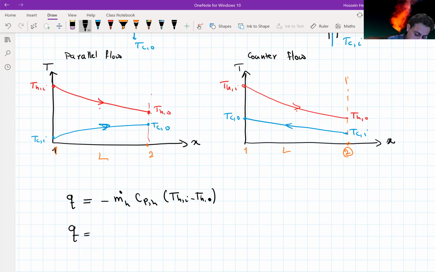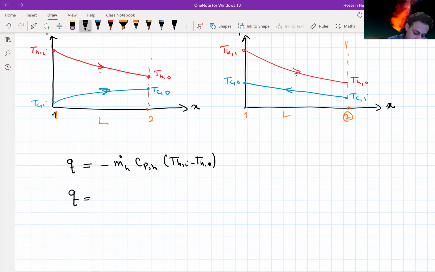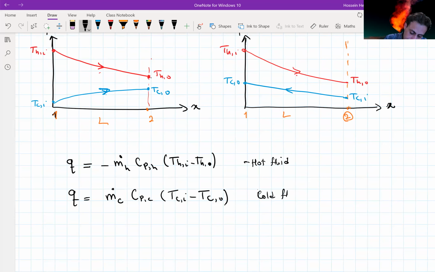I can write the same Q is getting gained by the cold flow, so it's going to be equal to m dot c Cp,c times Tc,o minus Tc,i. So this is going to be the amount of heat that each of these fluids, this is the hot fluid that is losing, and this is the cold fluid that is gaining.